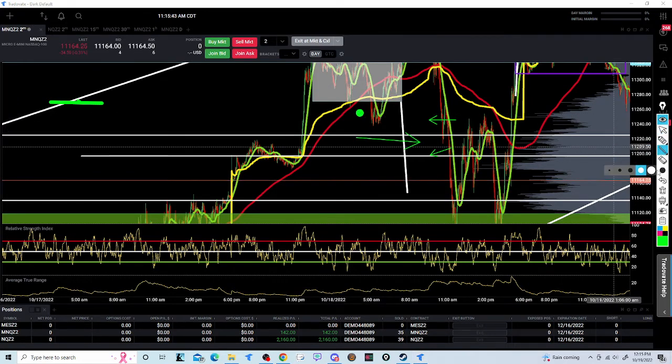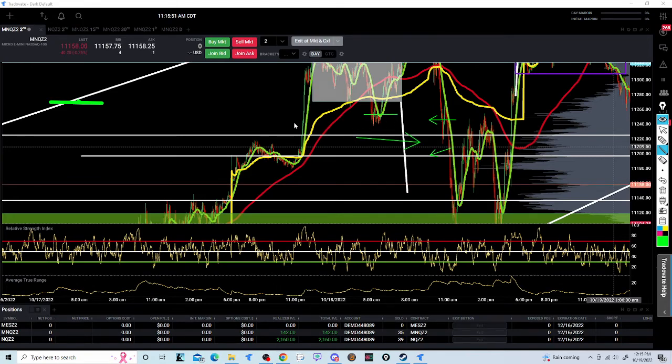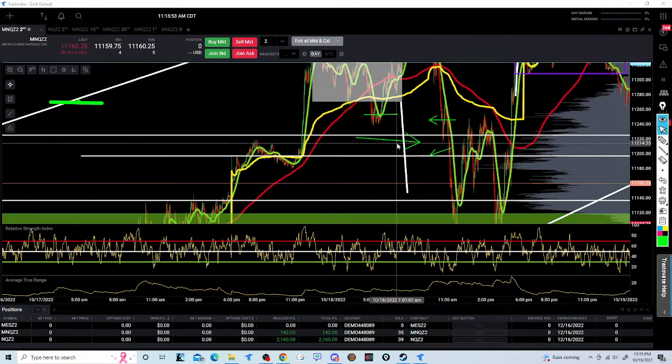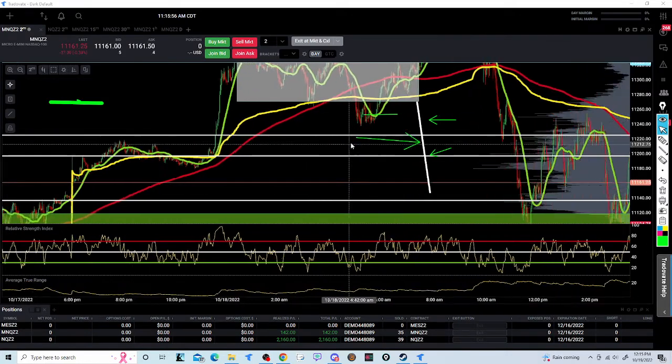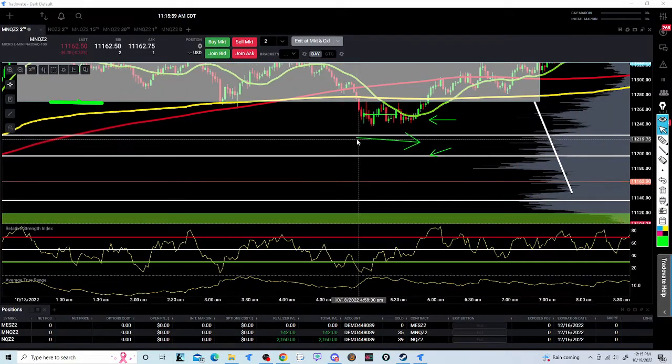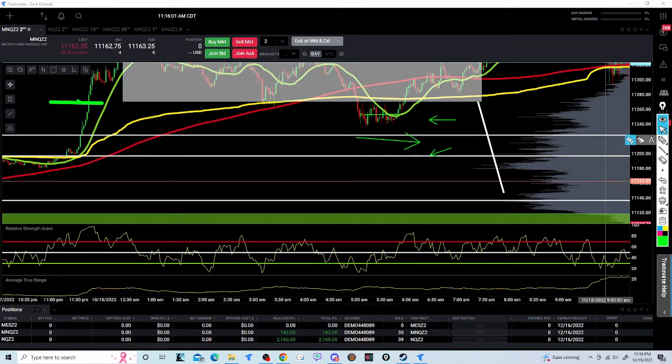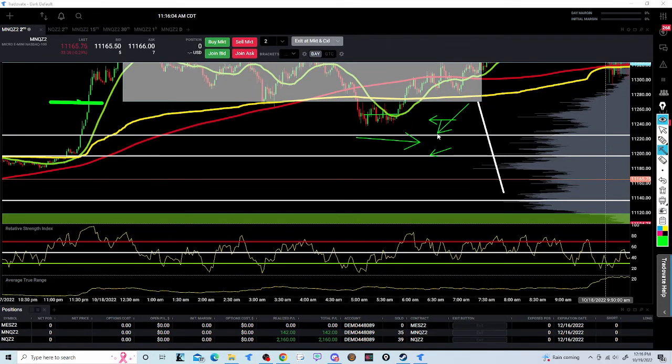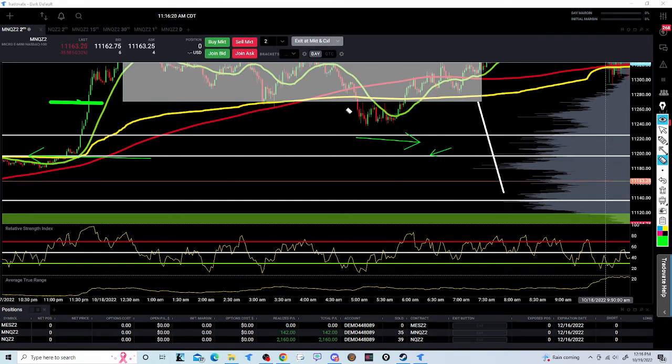So right in this area is where we have the potential for a price reversal. All right? So right in that area, we have a potential for a price reversal. This would be your second area of potential, and this would be your third. All right? So you have three areas that you could see a possible reversal. This one would be invalid because it's so close to that breakout level.